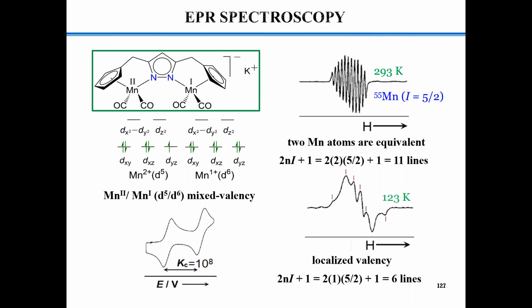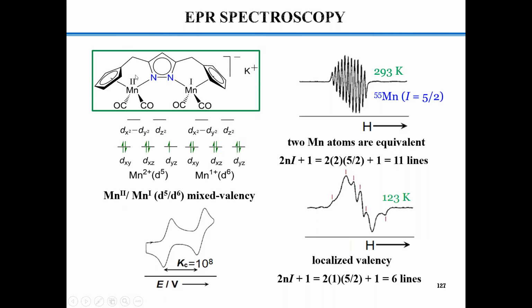Slower rate means at a particular instant, that particular experiment, the EPR time scale is 10 to the power minus 8 second, right? That time scale, EPR would see that slower rate at a particular instant that one manganese is carrying the unpaired electron.